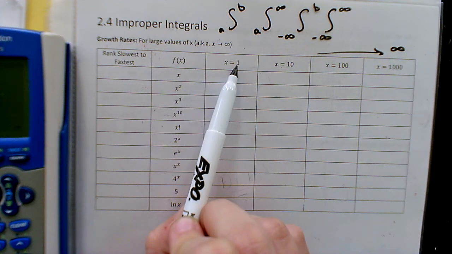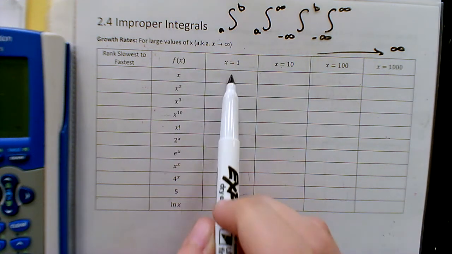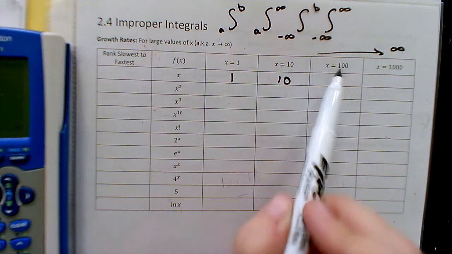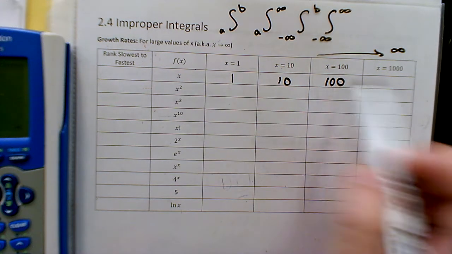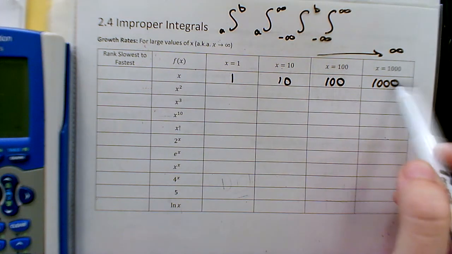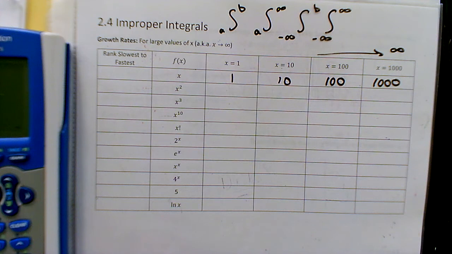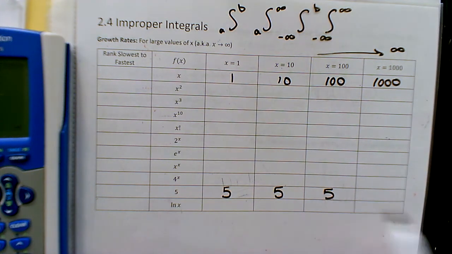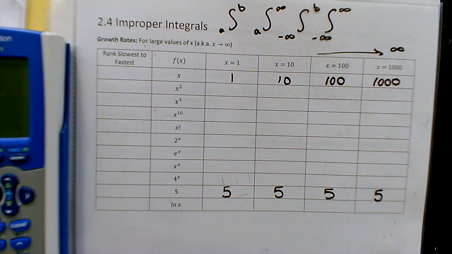For instance, if you were to plug 1 into the x function, you'd get 1. If you'd plug in 10, you'd get 10. Plug in 100, you get 100. Plug in 1,000, you get 1,000. If you tried to plug in 1 into a constant function of 5, you'd only ever get out 5. Same thing with the 10 and the 100 and the 1,000.